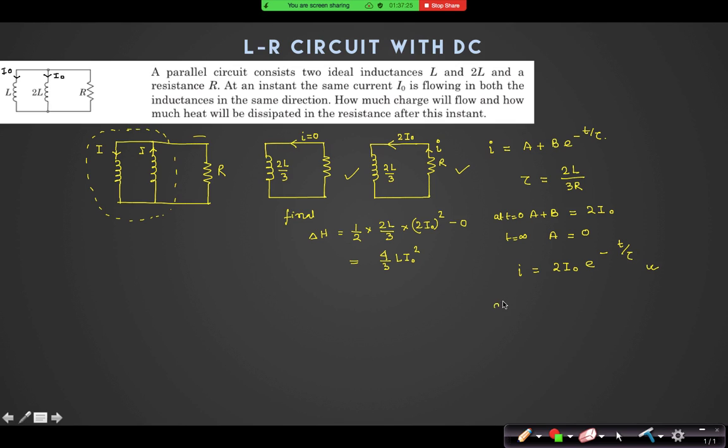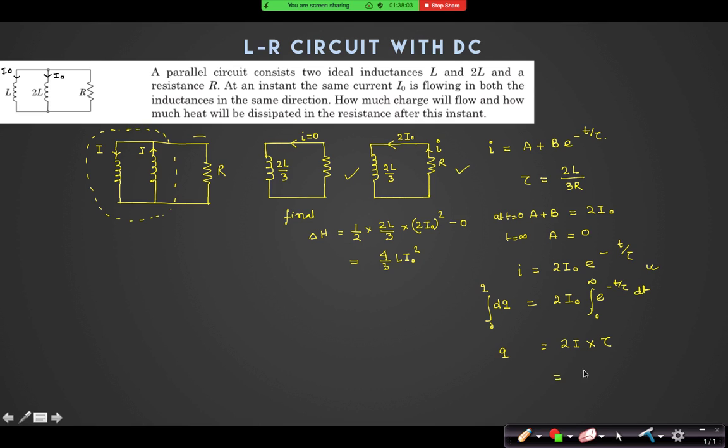Can you see that? So dq by dt is I, and I will integrate it from t equal to 0 to infinity. So q is equal to 2I naught times the integral of e power minus t by tau. I think it will be multiplied by tau, right? And e power minus infinity is 0, then minus.